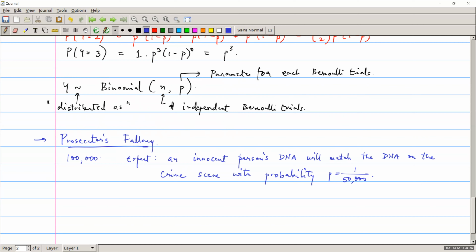Everyone remembers this problem. We don't need the entire problem, we just need this statement. Let's imagine that all 100,000 are innocent. How many matches will you see?